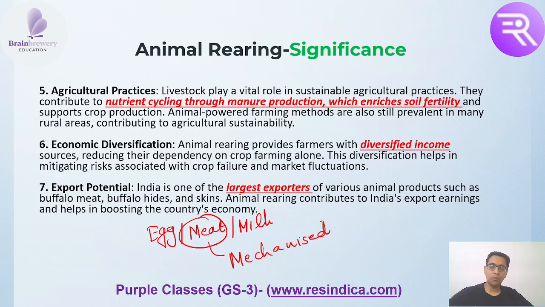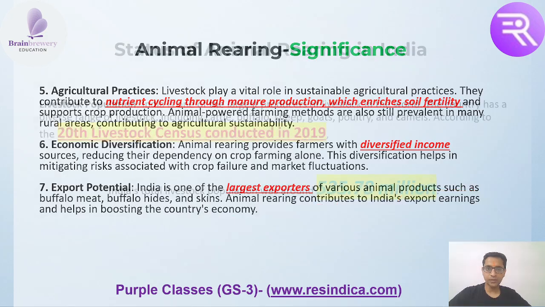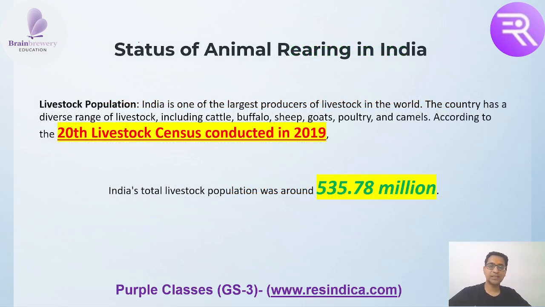Nobody touches anything there, everything is mechanized, proper slaughter of the animal happens, proper packing happens, and it is sent abroad, especially to the Middle East countries and various other places for selling. So this is an export earning concept for India, and it is boosting our country's economy. The more export we do, the more forex reserve we will be generating for ourselves, right?